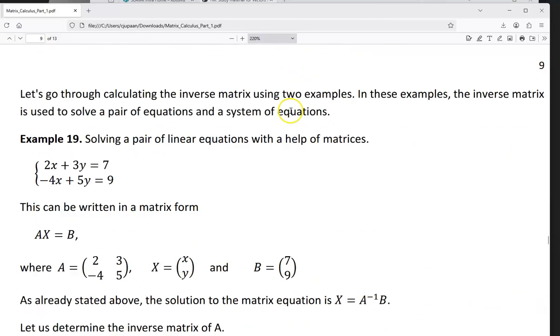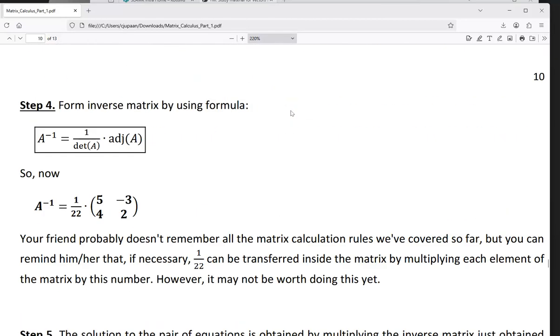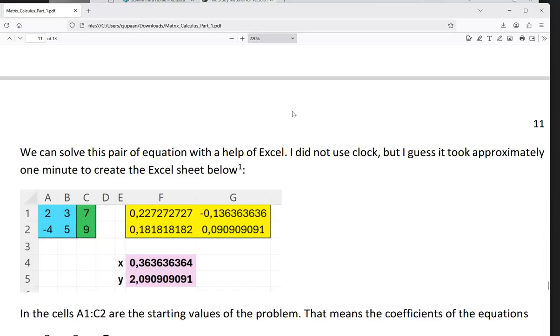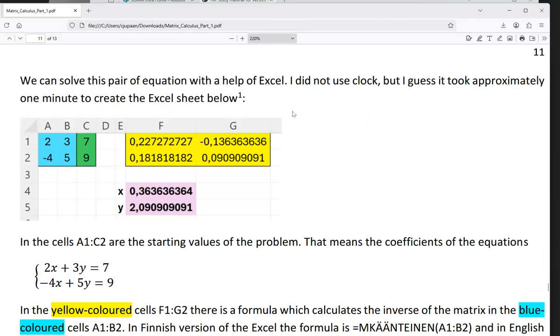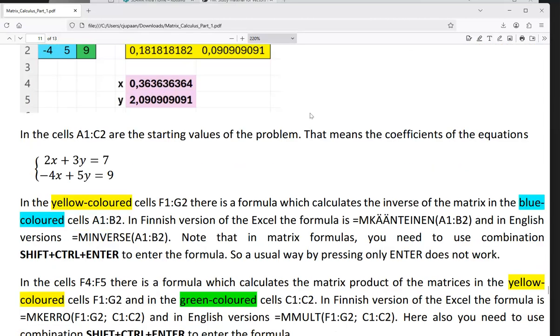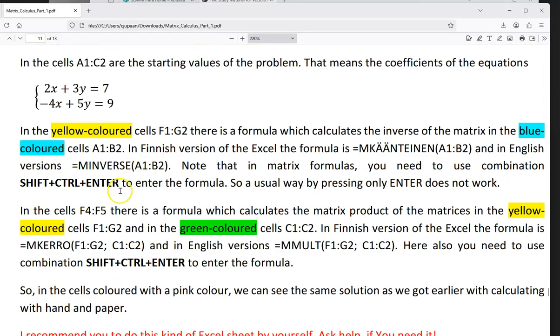There are some examples there also. By the way, in some cases I have written in the PDF the Excel examples also, and here as you see, I have written the button combination Shift Control Enter.